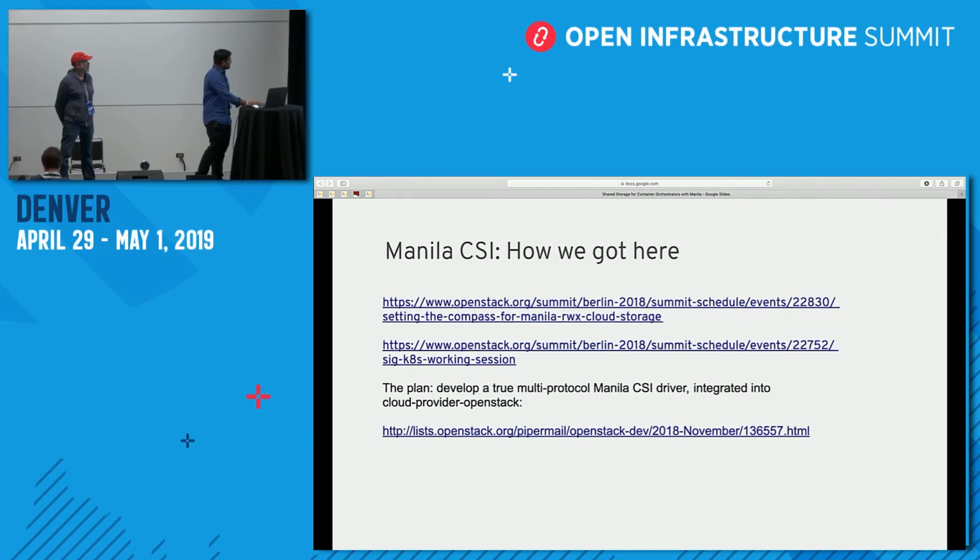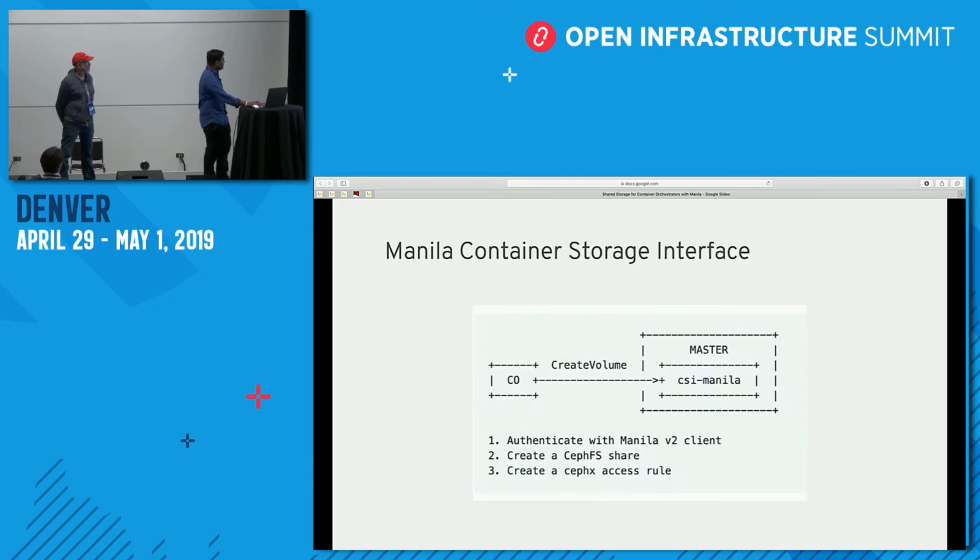And so at the same time, we at Red Hat were talking and thinking about it, as well as with the Manila community, all of the different storage vendors that already have their drivers written into the Manila code base. And we thought, okay, this is time to go start working on a CSI project. And there were 2 separate PRs that just landed close around the same time. And that's where we are today.